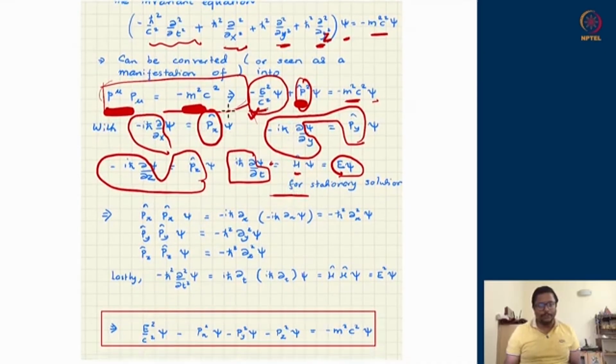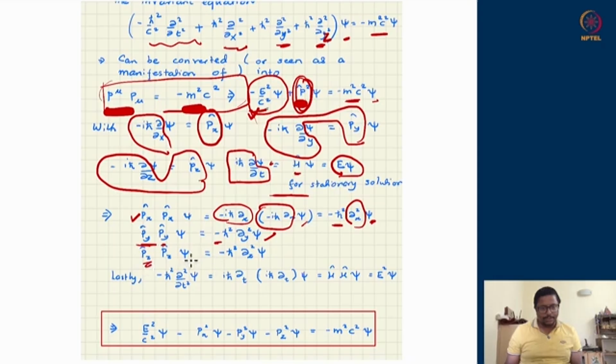So I have two p's appearing here, spatial px square. So px square will be written as px times px, and I know the px operator is this, and px times px hitting the psi will be equivalent to minus h bar square partial derivative hitting twice the wave function psi. And similarly for py it will be minus h bar square del square upon del y square hitting the psi. Pz square will be minus h bar square del square upon del z square hitting the psi.